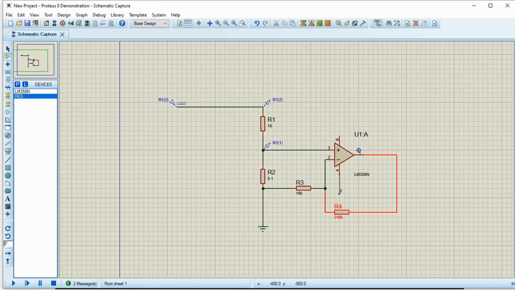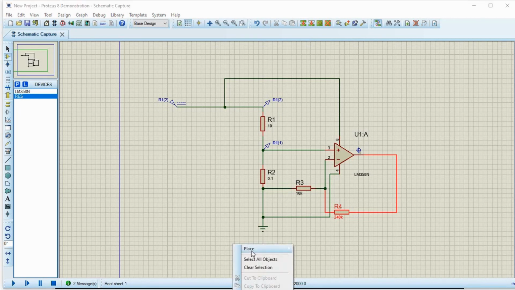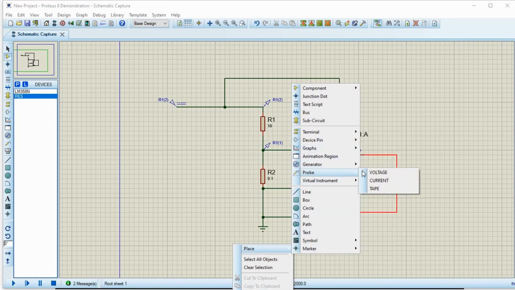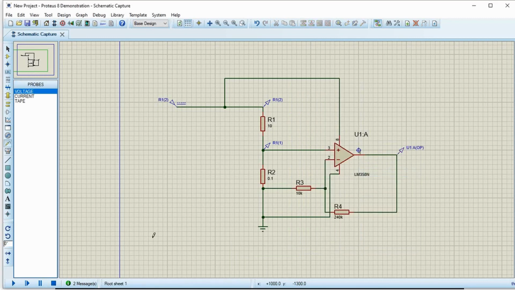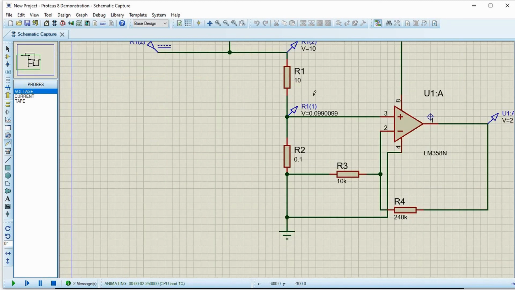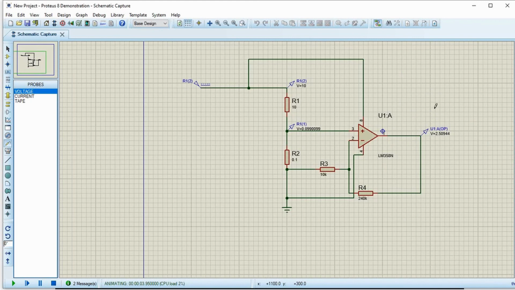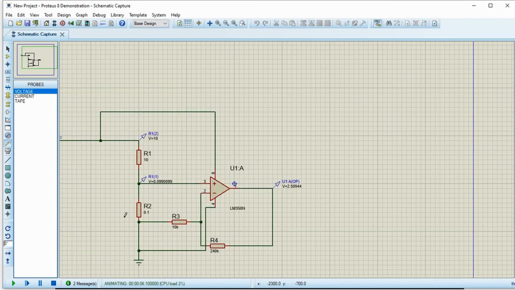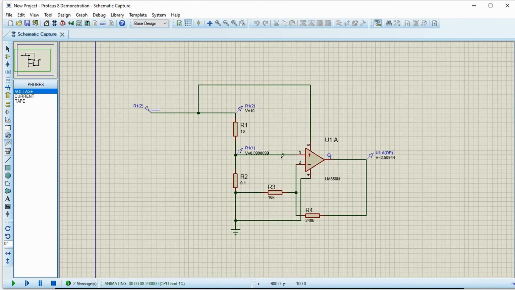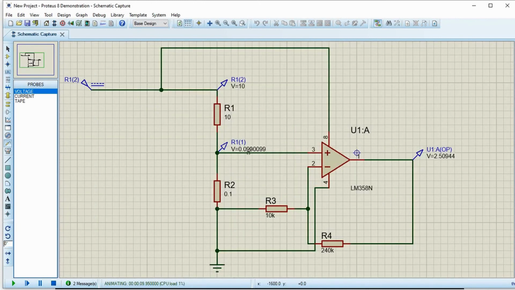Let me connect the supply to ground, and this to the 12 volt supply. Let me put a voltage probe. Let's start the simulation. Let me get this zoom right. See, when you have close to 0.1, like 0.09 volt, you are getting 2.5.